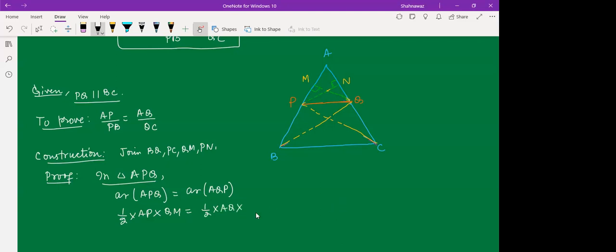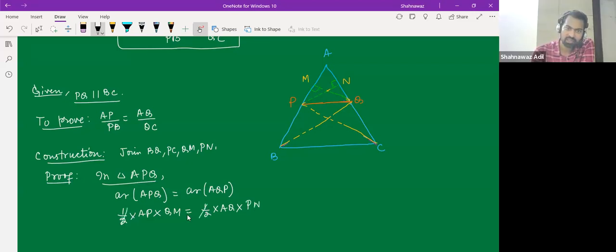PN. Okay. So half cancels, and I take this QM to the other side and AQ to this side. So AP by AQ is equal to PN by QM.